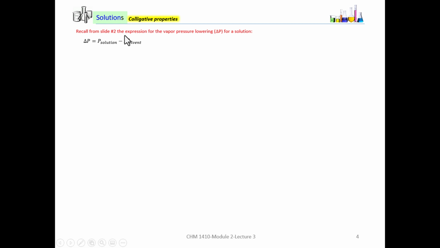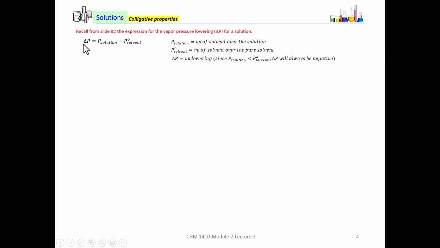If you recall from an earlier slide, the expression for the vapor pressure lowering for a solution was the following: delta P is equal to the vapor pressure of the solvent over the solution, that's P of solution, minus the vapor pressure of the solvent over the pure solvent.